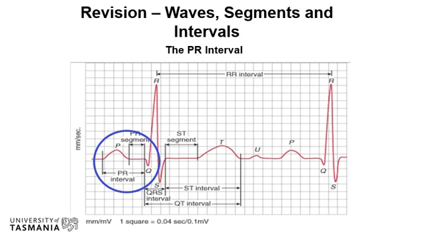Short PR intervals, so less than 0.12 seconds, are associated with rhythms generated from somewhere other than the SA node, and these are generally junctional rhythms. Prolonged PR intervals, so greater than 0.20 seconds, usually represent a delay in conduction, which is known as a heart block. Heart blocks can be at any level of the electrical conduction system in the heart.